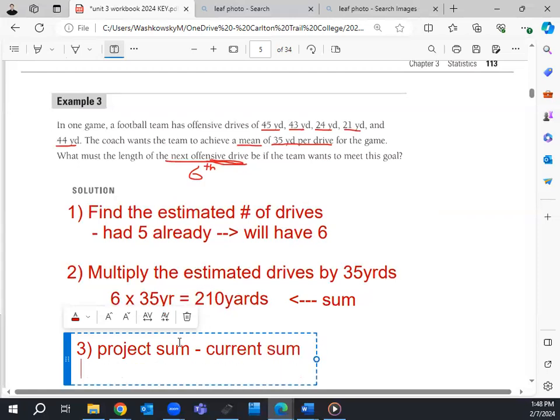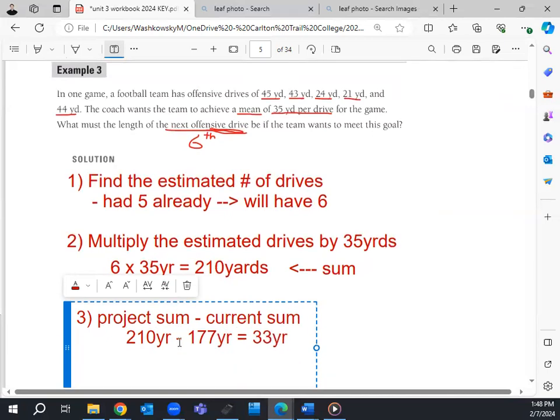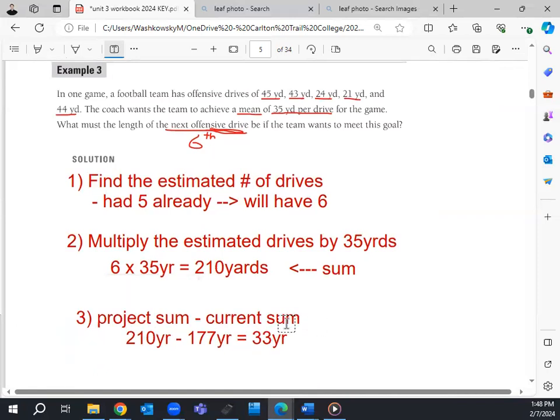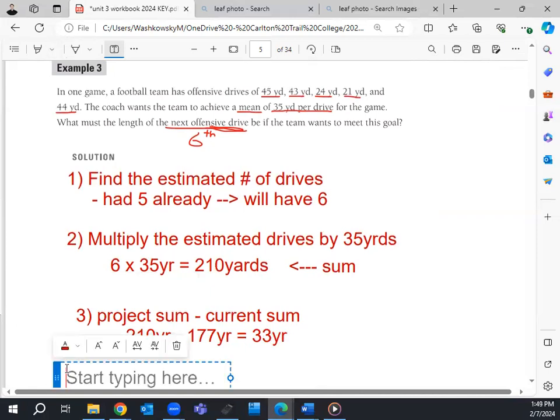I want 210 yards. I have 177 yards. If I do the math there, that's going to give me 33 yards. So what does he need? He needs 33 yards. His next one needs to be at least 33 yards. So the 6th drive needs to be 33 yards.